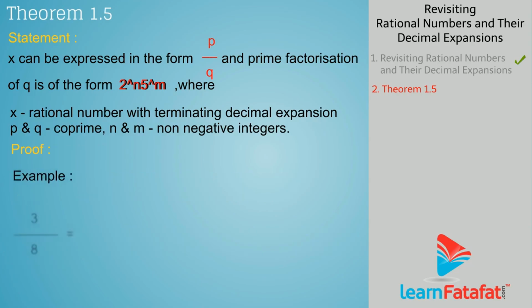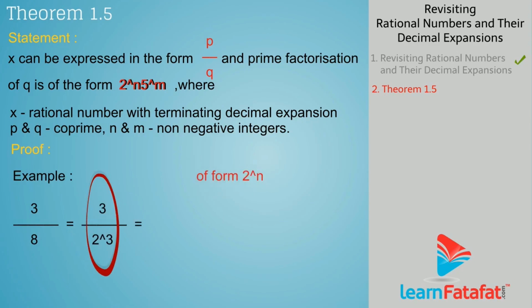Consider an example 3/8, which is of the form p/q, which can be written as 3/2^3, which is of the form 2^n.